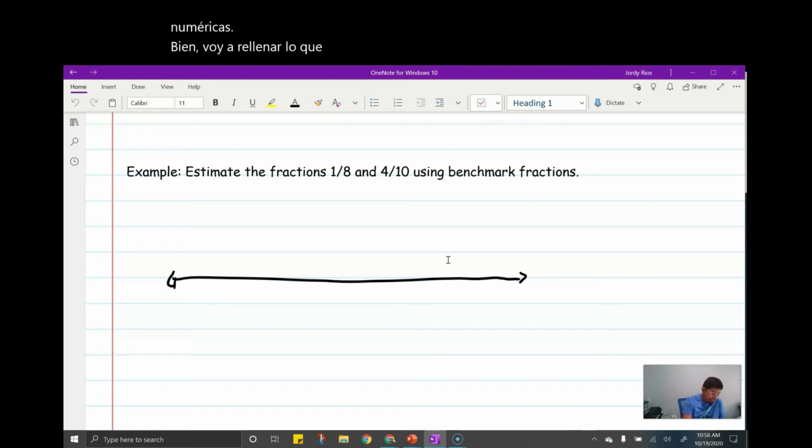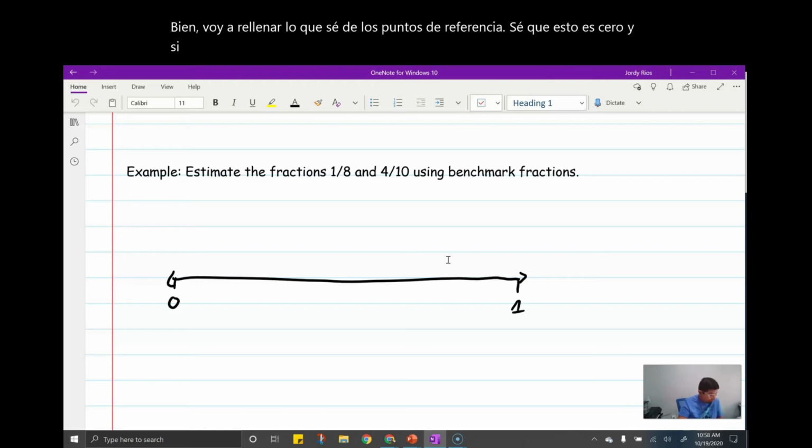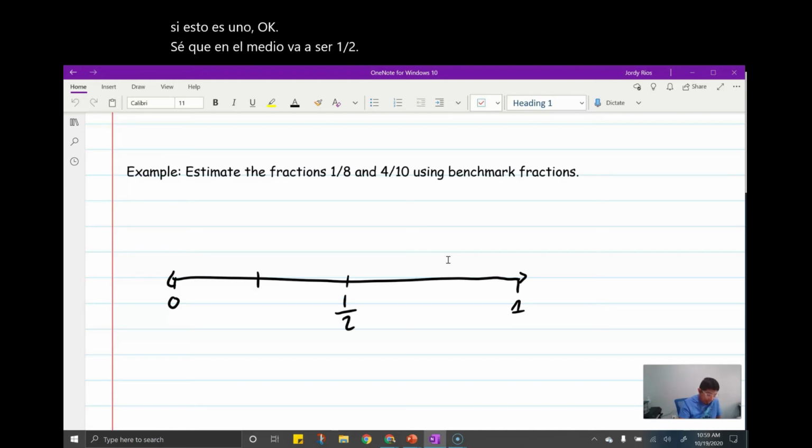I know that this is 0 and that this is 1. In the middle is going to be a half. In the middle here is going to be 1/4. And the middle here is going to be 3/4.